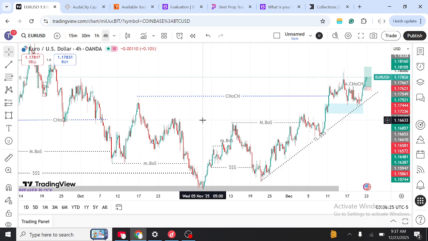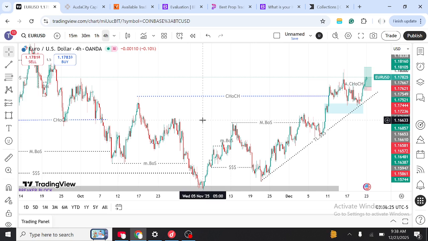Number one, there must be a market structure shift in the market, okay, before we take our entry. We already know our entry model, okay, but these things I'm saying are the rules that must be checked before we take an entry. If we are catching a reversal on type A or type B liquidity, there must be a change of character on 4 hours time frame.